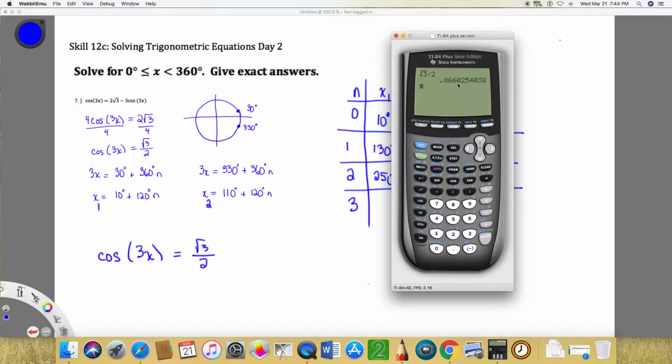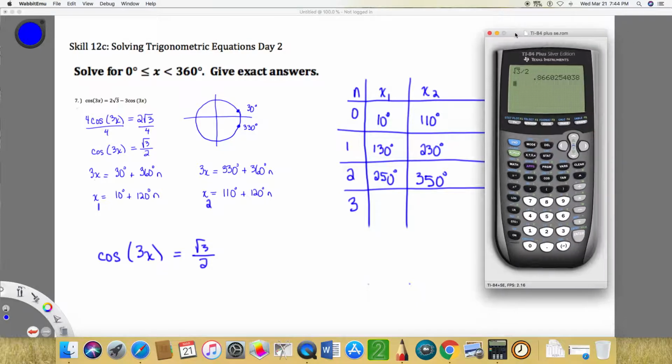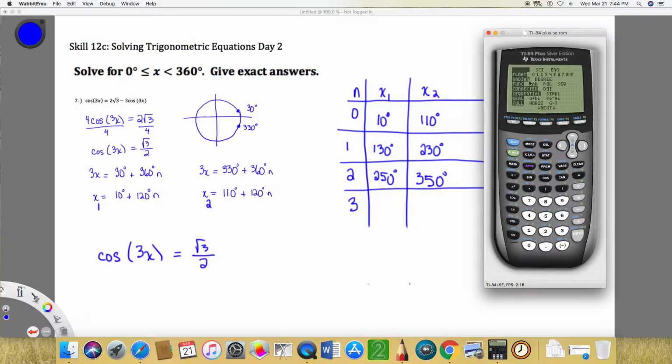So 0.866. All right, so if we plug in one of our answers, say 10 degrees, into this equation, let's make sure we're in degrees. The cosine of 3 times that angle, 3 times 10, 30.